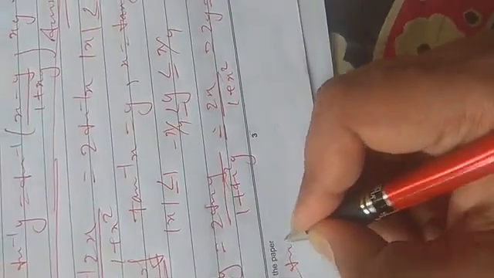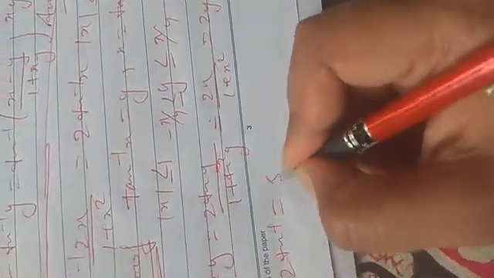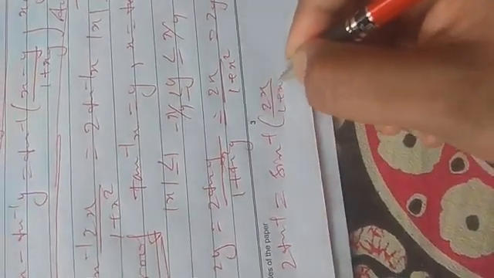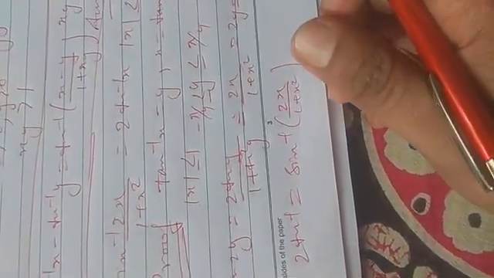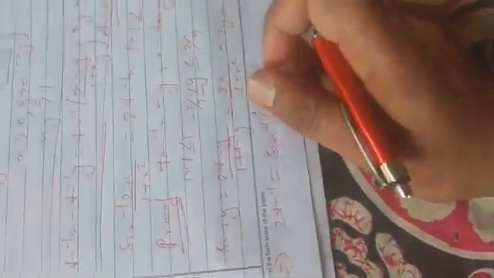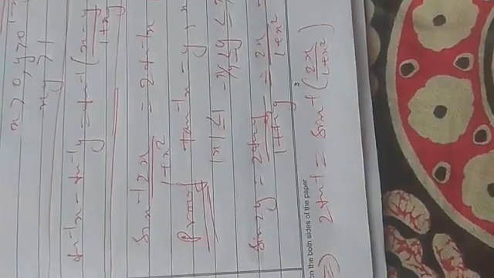Therefore, we have got the result that 2 tan inverse x equals sine inverse (2x upon 1 plus x square) for the above condition. Now, two more properties were there on the same basis, that will be done by you as an assignment.